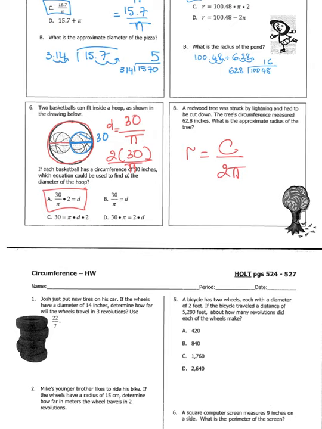So circumference is given as 62.8. 2 pi means 6.28. So what is your radius? Inches.